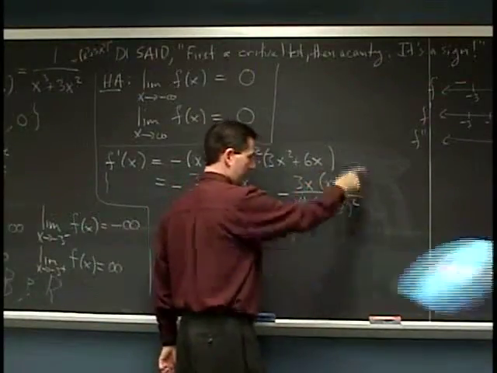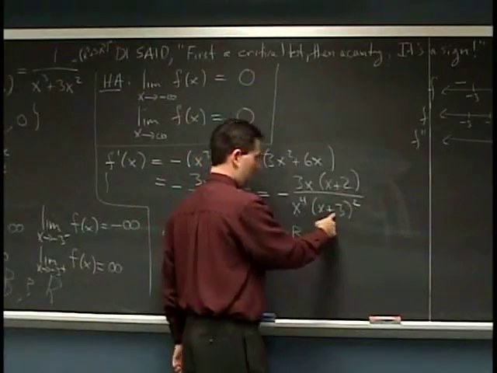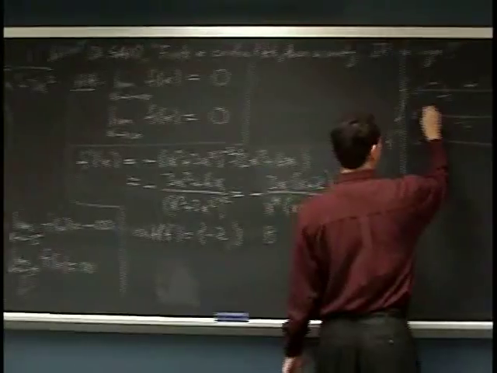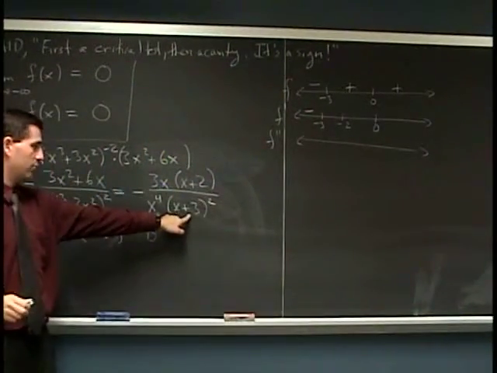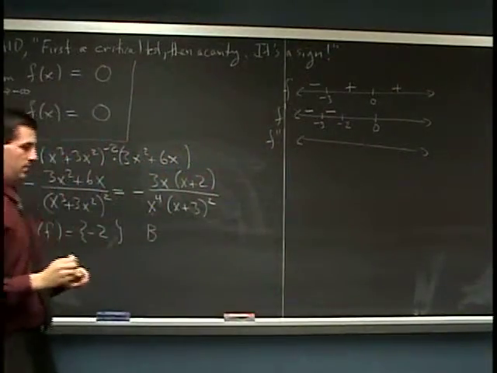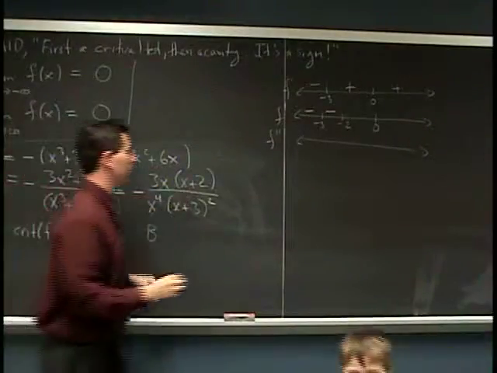Negative times negative is positive, and that's a square, so that's positive. So everything is positive, and then negative on the outside, so we get negative. Now minus 3 came from a square term, so it's not going to switch signs. Where did minus 2 come from? That came from a linear term, so that will switch signs.